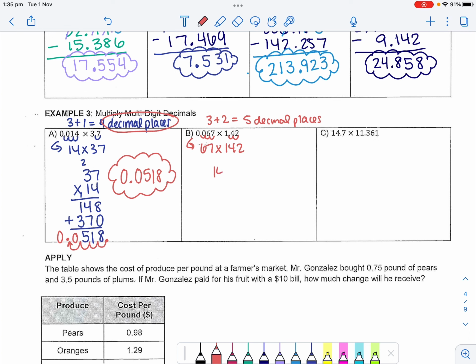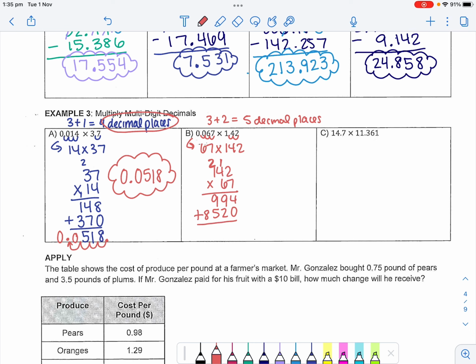So 142 times 67. 7 times 2 is 14, carry the 1, 7 times 4 is 28, plus 1 is 29. 7 times 1 is 7, plus 2 is 9. And then I'm going to move over 1, 6 times 2 is 12, carry the 1, 6 times 4 is 24, plus 1 is 25, carry the 2. 6 times 1 is 6, plus 2 is 8.